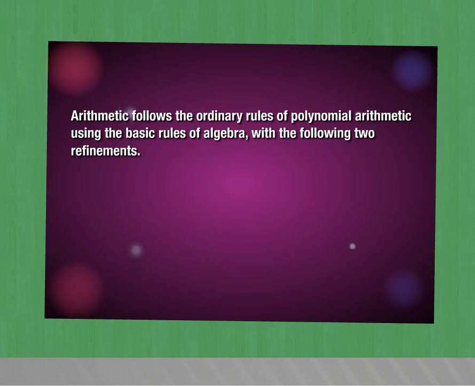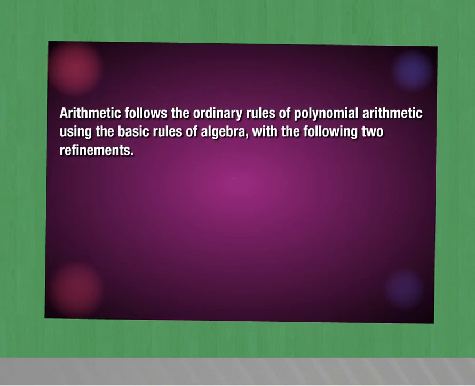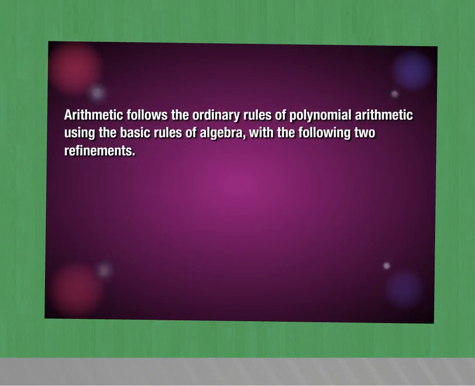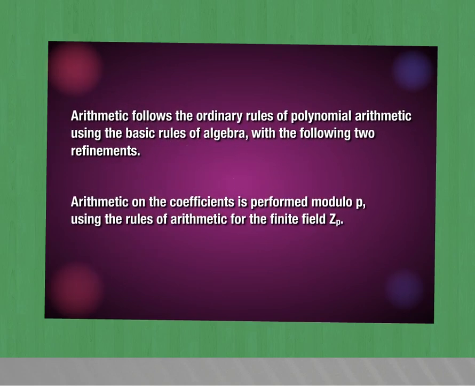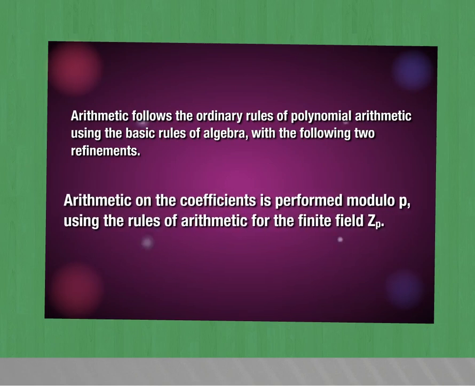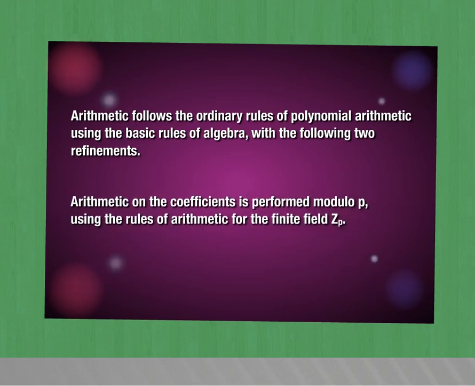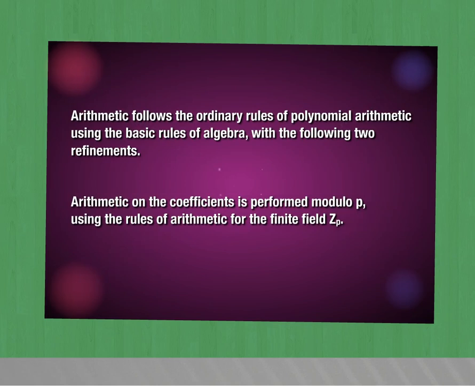Arithmetic follows the ordinary rules of polynomial arithmetic using the basic rules of algebra with the following two refinements. Arithmetic on the coefficients is performed modulo p using the rules of arithmetic for the finite field Zp.